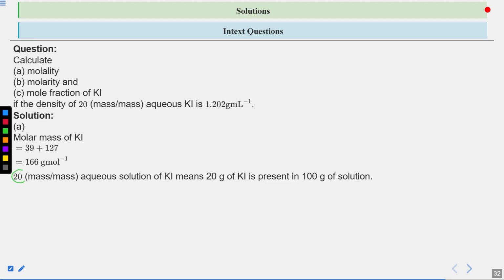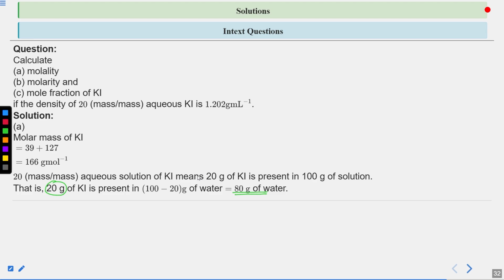If we are saying 20 mass by mass percent, it means 20 gram of KI is present in 100 gram of solution, or 20 gram of KI is present in 80 gram of water. Is this thing true? Yes, it is very true, because in 100 gram we have 20 gram of KI and the rest of this is water.